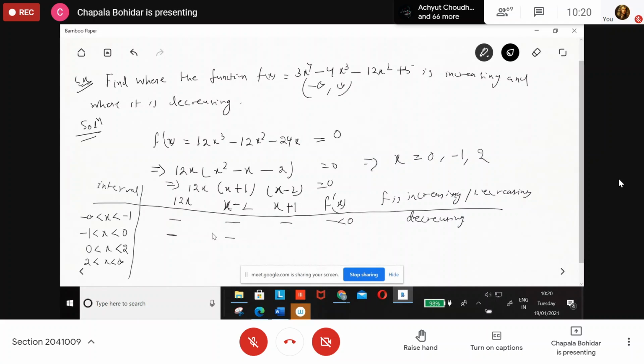So negative into negative is positive, then positive into positive is positive. So we get here positive. Clear? All of you clear? Yes, ma'am. So it is greater than 0. So our function value is increasing or decreasing? Increasing.